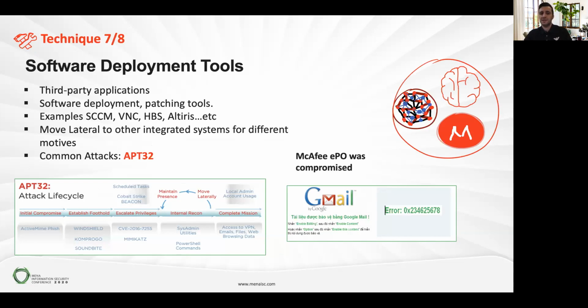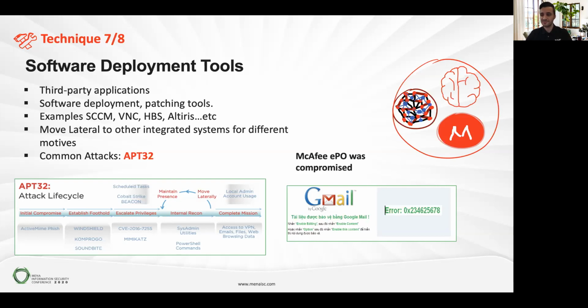Now, we specifically talk about tools like SCCM, Altiris, BMC, HPSA. So the access after compromising those tools may be used to move laterally to other systems, maybe to gather information, or to cause a specific effect, such as wiping hard drives on all endpoints, for example.